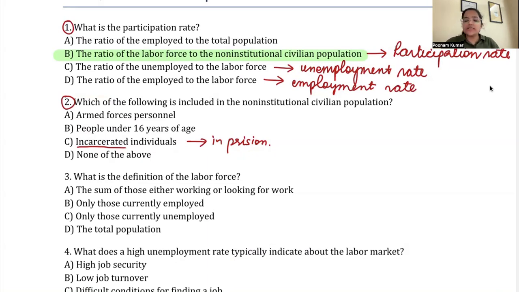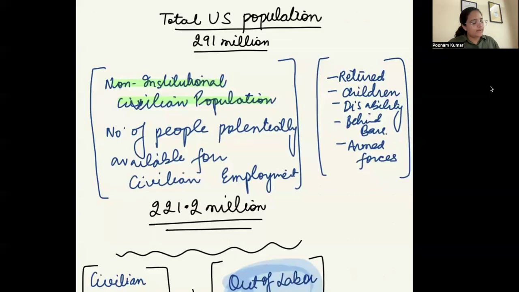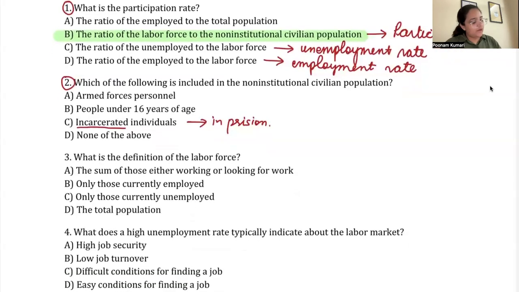So armed forces are not civilian, right? Armed forces people do not come in the civilian population, right? Yes, ma'am. Got it. So what is my answer here? D. None of the above. None of the above. Okay, this is okay? Yes, ma'am.